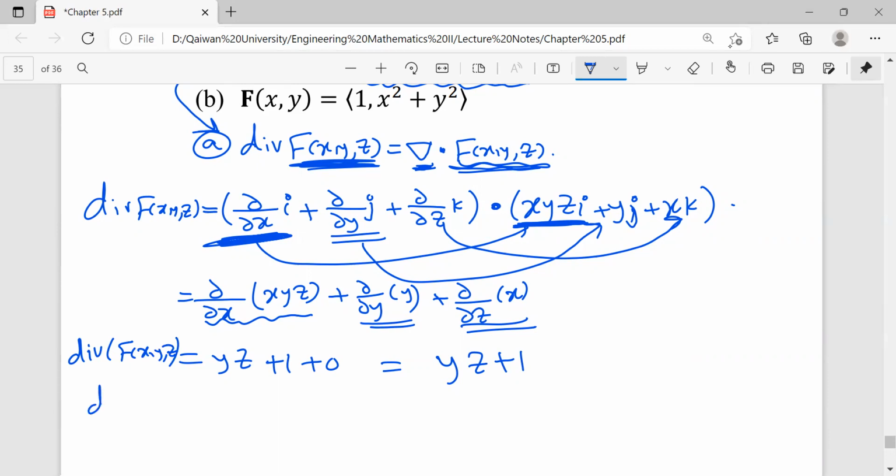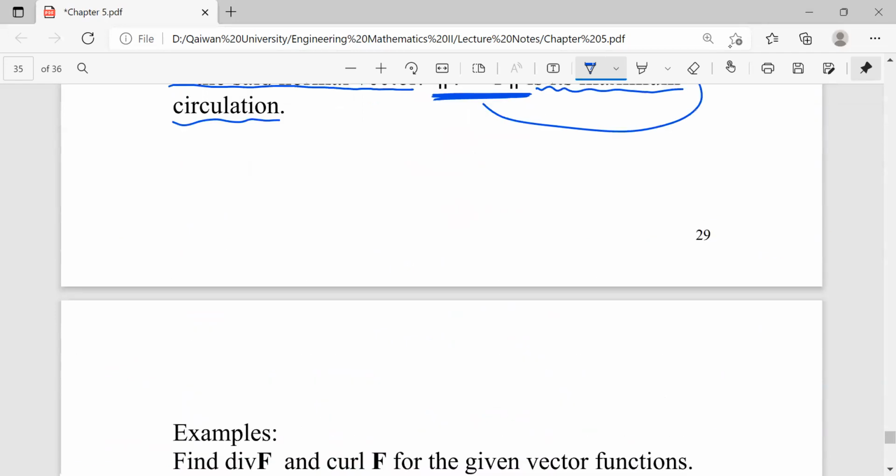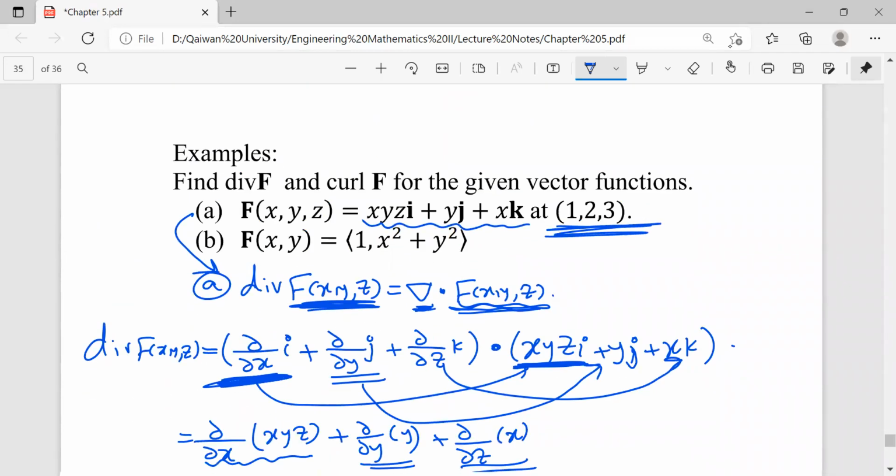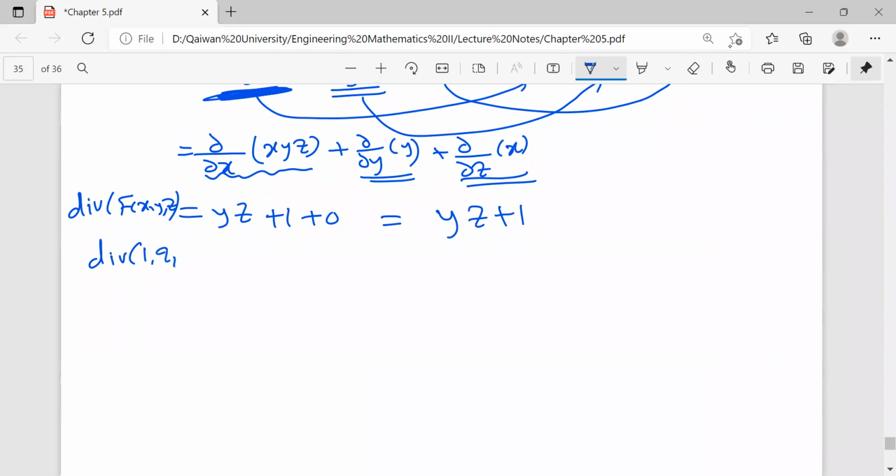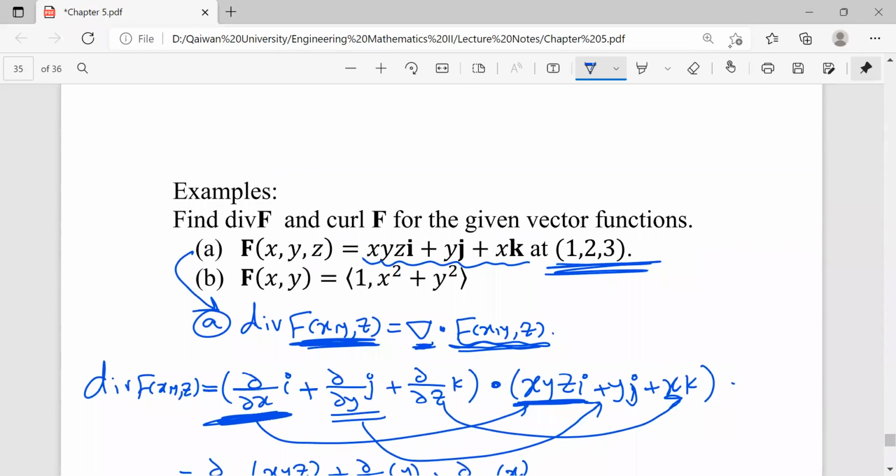Now, to find the divergence at the given point 1, 2, 3, we replace each x by 1, each y by 2, and each z by 3. We get 2 times 3 plus 1, which is 7. So this is the divergence of this vector field at that point.